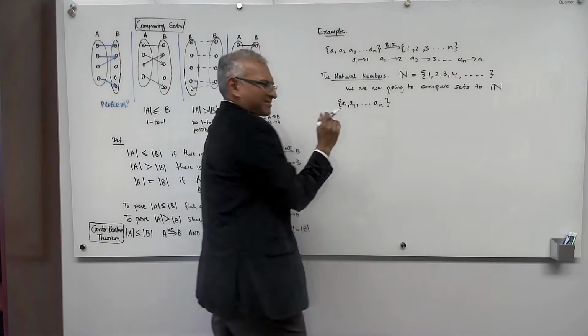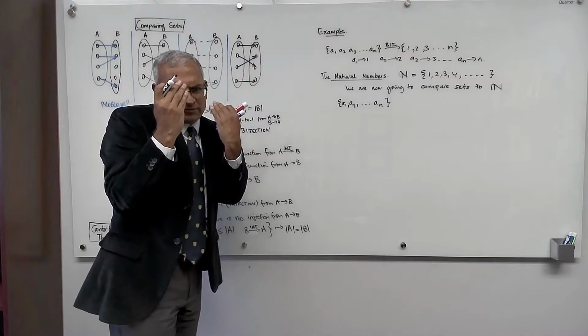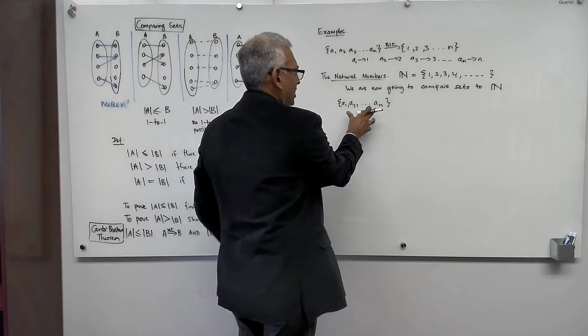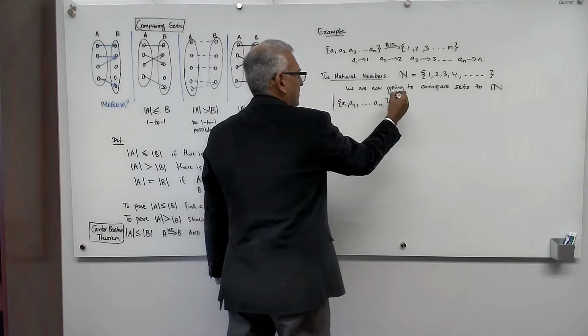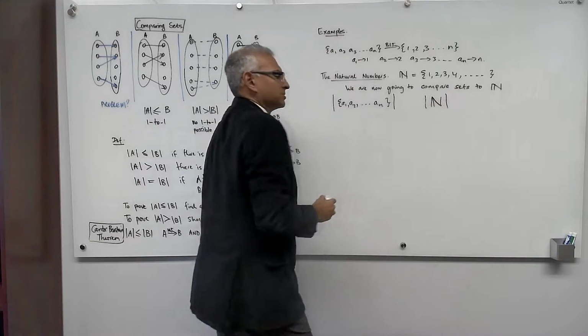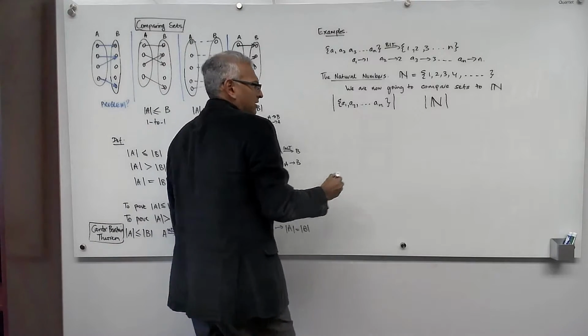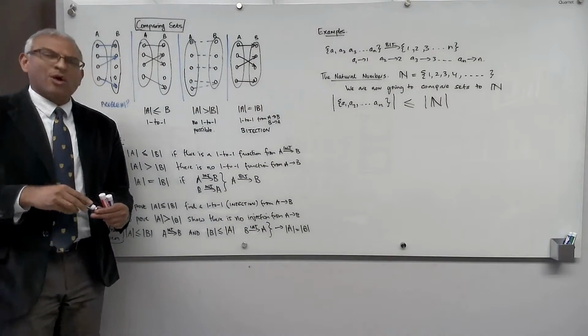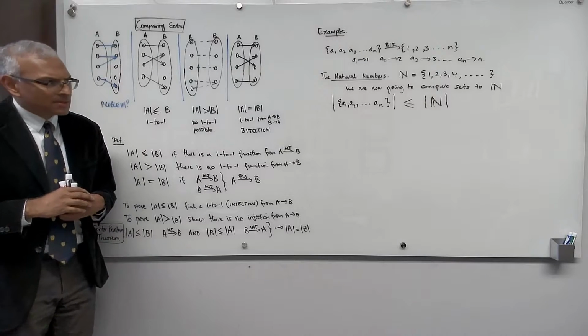Intuitively, you can think of size, but for the moment, let's call it cardinality. What is the cardinality of this set in comparison to the cardinality of the natural numbers? In this case, we can show that this is less than or equal to the cardinality of the natural numbers. Okay, so now why?